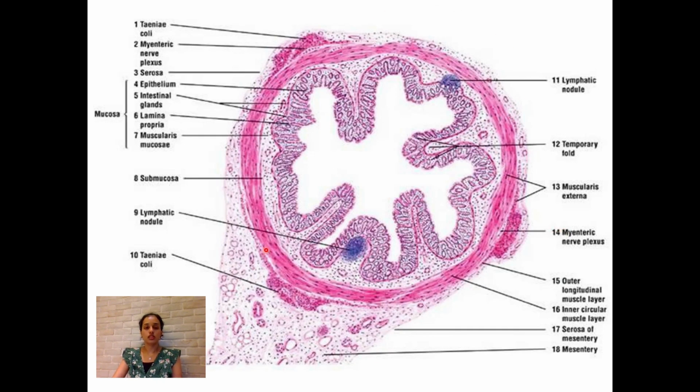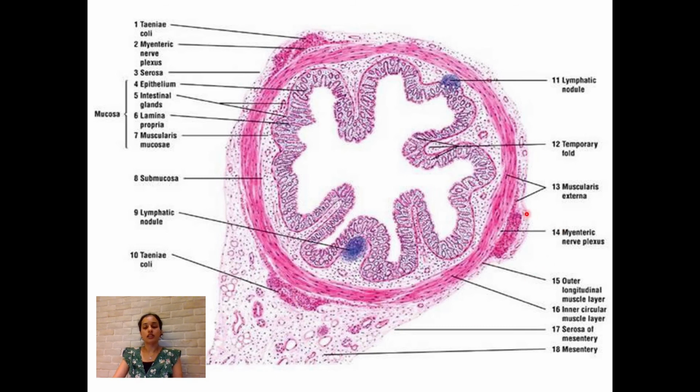This is a very low magnification showing the large intestine, with the folds and the lymphatic nodules over here. And you can see the thick longitudinal bands at three locations. Three bands. These are the tinea coli.